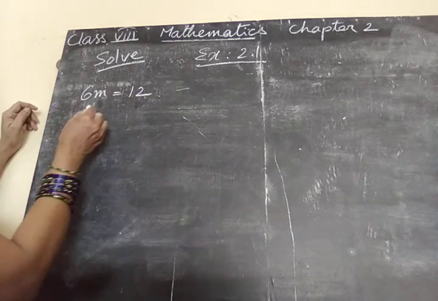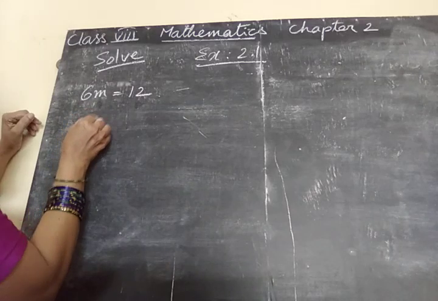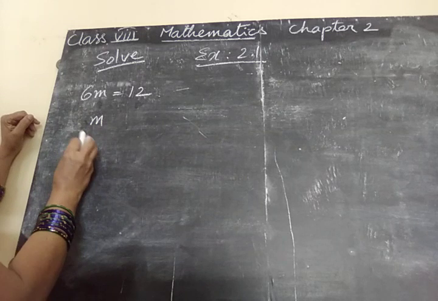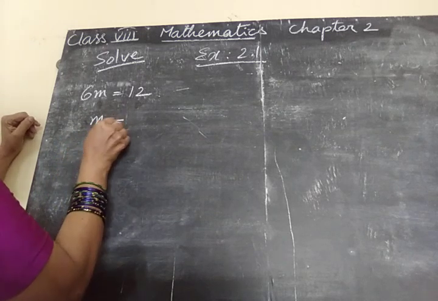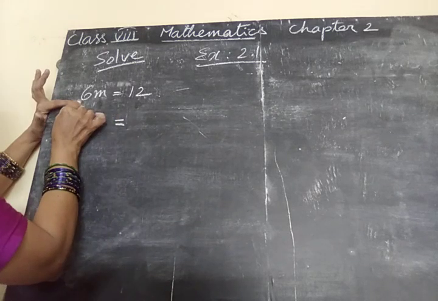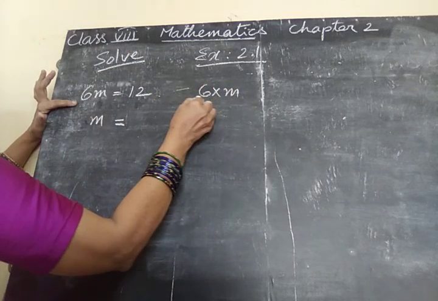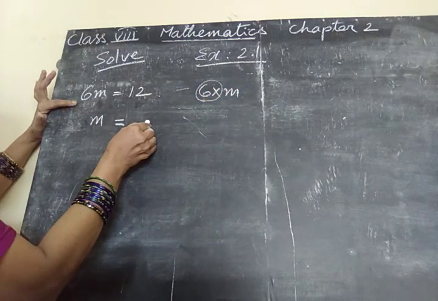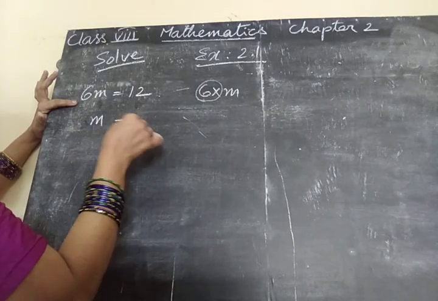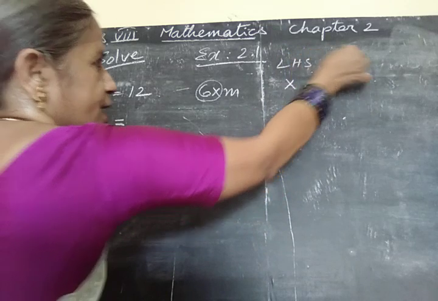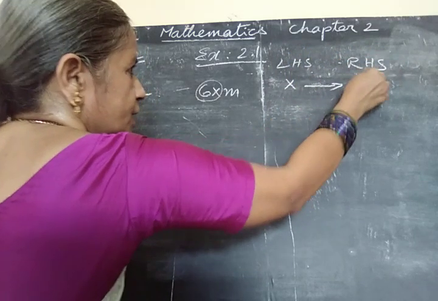While transposing, you want to find the m value, na? So m, you have to leave in the LHS. This 6m means 6 into m. While transposing into from LHS to RHS, we have to divide.